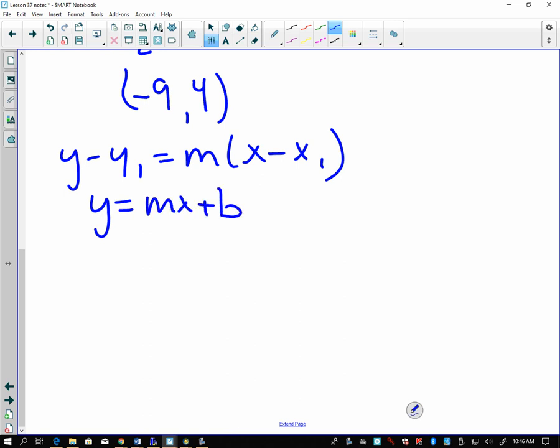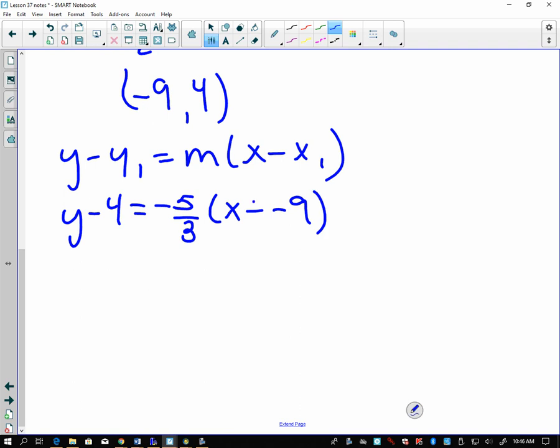Which would we rather use? The top one. Good, we're familiar with it. So we start off with y minus 4 equals m, and my slope is negative 5/3, times x minus negative 9.